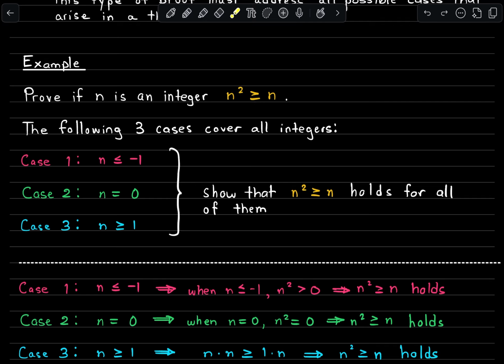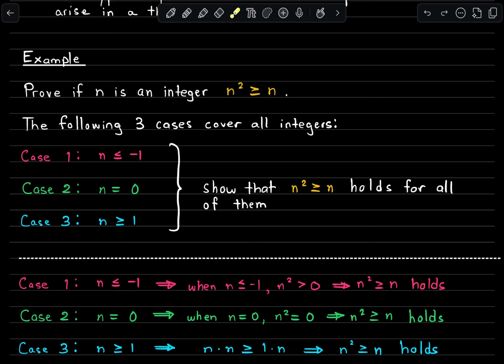And finally, we just need to show that it holds for positives. When n is greater than or equal to 1, we can just multiply both sides by n. And that will lead us directly to n squared is greater than or equal to n.